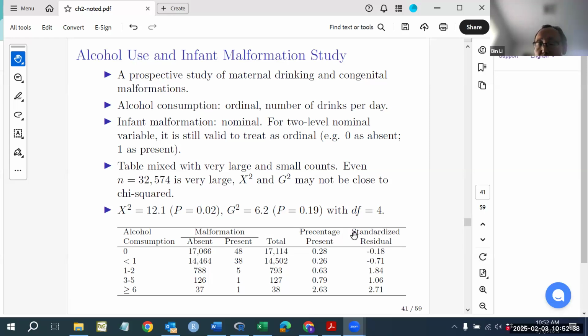Okay, why? Because if we run the chi-square test, just considering the alcohol consumption as a categorical variable, not ordinal, and we look at the standardized residuals, we do see some increasing trend, right?